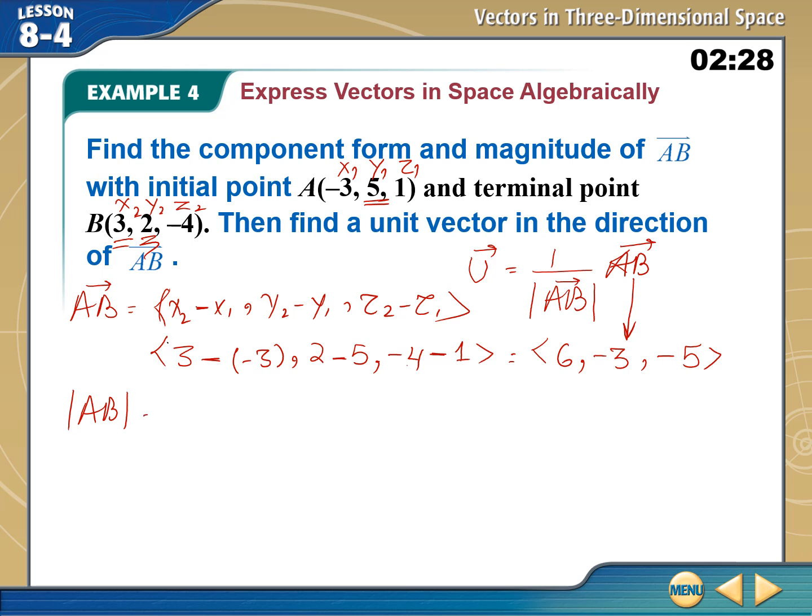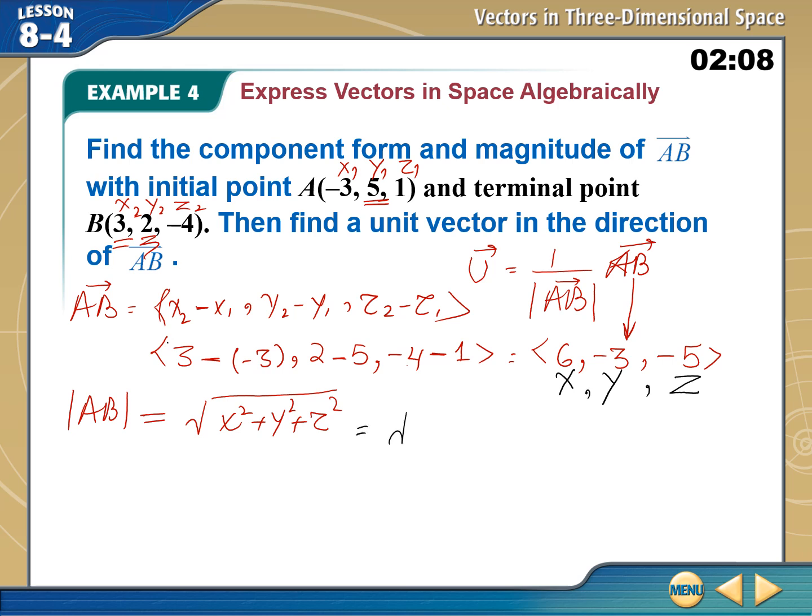The modulus, or the magnitude, of AB will be, the formula is the square root of x square plus y square plus z square. Now this time, what are x, y and z? This 6 is x, negative 3 is y, and negative 5 is z.